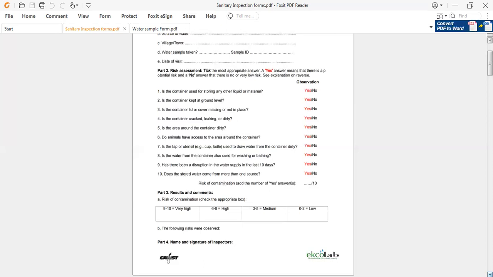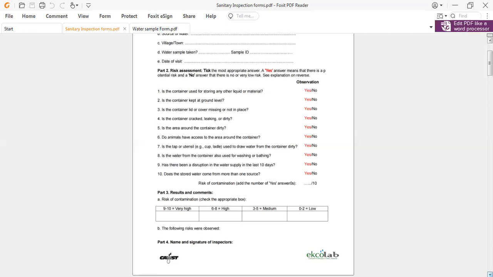If your risk ranges from 3 to 5, it means the rate of contamination is medium. It's a medium contamination, but it's still advisable not to use that water. Then if your risk is between 0 and 2, it means the contamination risk is low, and this water can be used for the purpose for which it was carried.